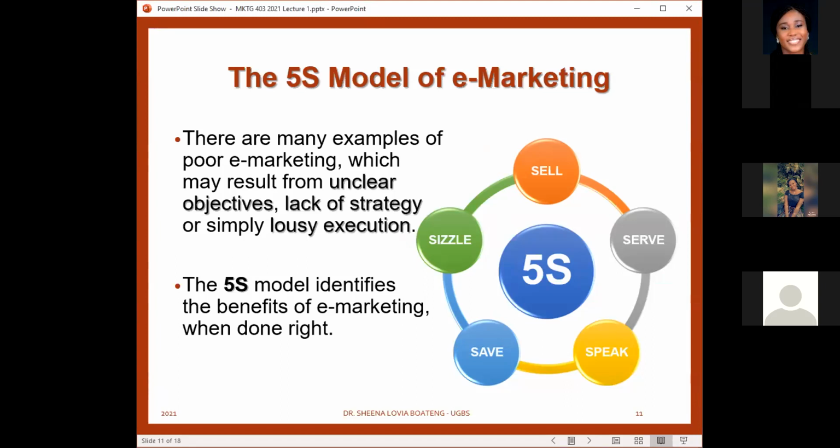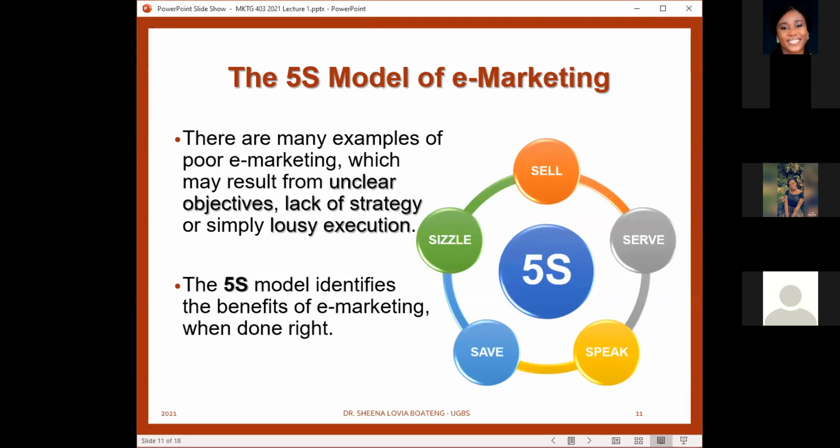There are several examples of firms or marketers who have engaged in poor e-marketing activities, often because they did not set clear objectives for what they were doing, or they did not have any proper strategy in place. In other instances, they could have had a clear objective and a good strategy in place, but perhaps the execution of the overall strategy was poorly done.